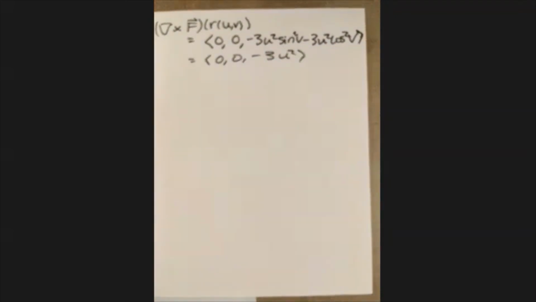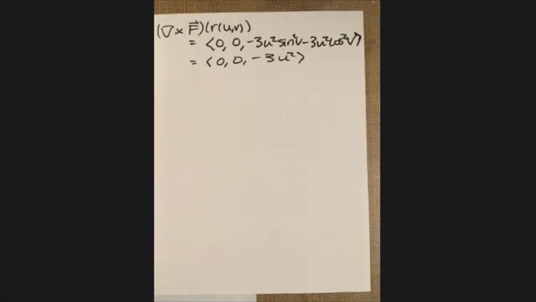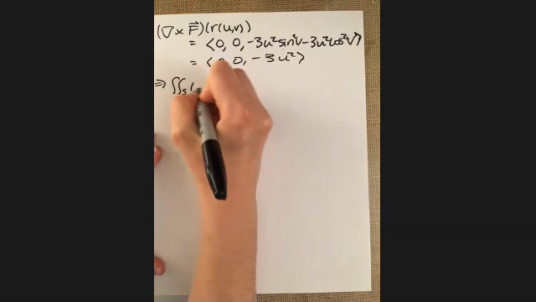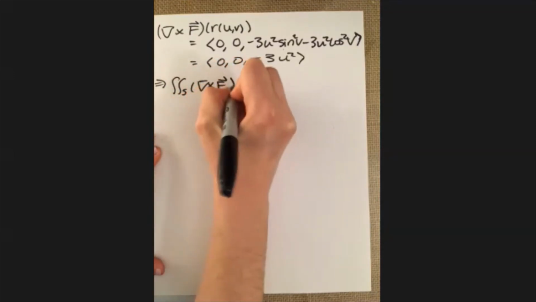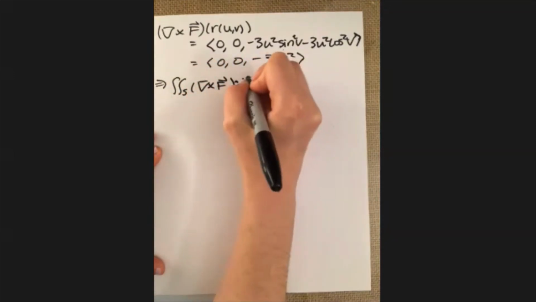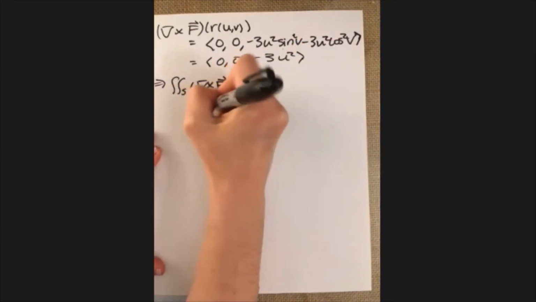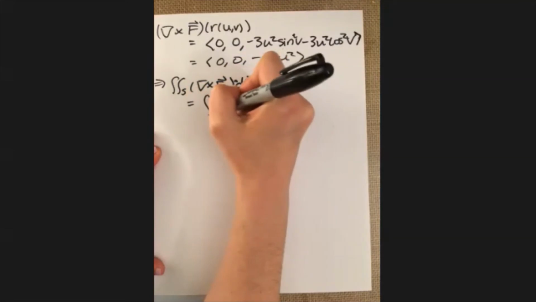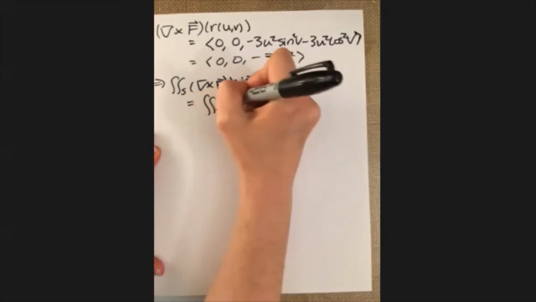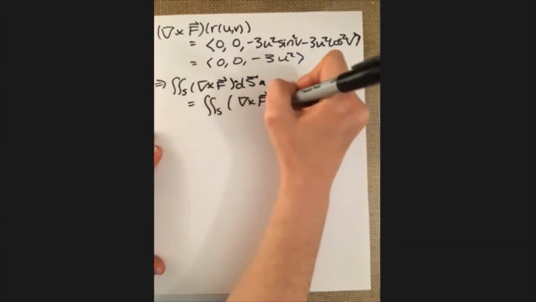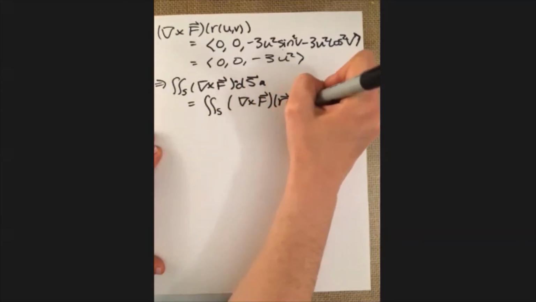And now we have all of our pieces that we can put together to create our integral. So that double integral that we started with over S of the curl of F dot dS, which we said was equal to the double integral over S of curl F of r of uv. Again, not multiplication.